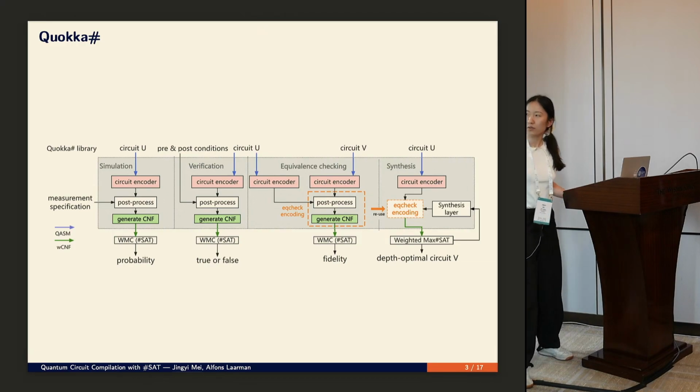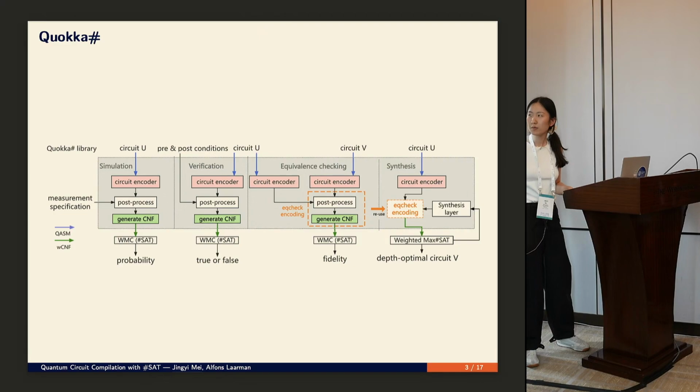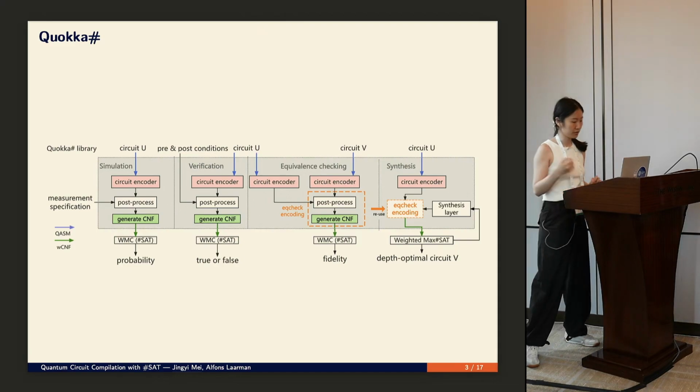For these three functionalities, including simulation, verification, and equivalence checking, they can all be reduced to the weighted model counting problem. Except for the last one, the synthesis problem, which will be reduced to an extension of this weighted model counting problem called the weighted max sharp-SAT problem. And for this question, in the end, we will get the depth-optimal circuit.